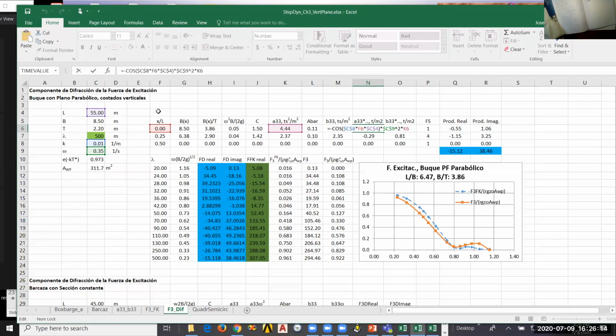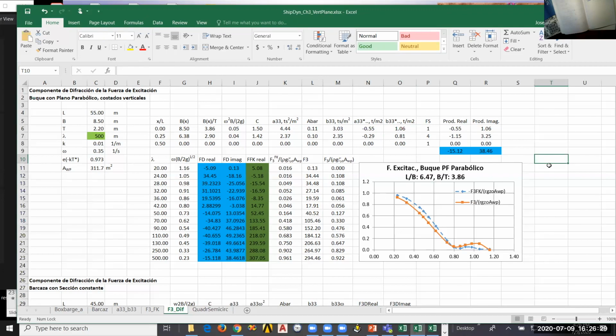So you're taking, this is the cosine of Kx. So you are considering the component. And here you have the, yes. Yeah, but that's what you have to do.